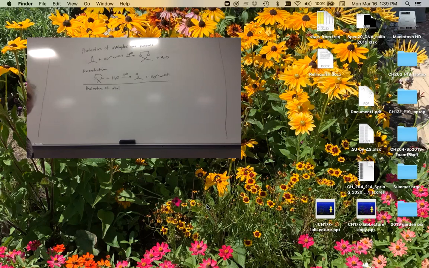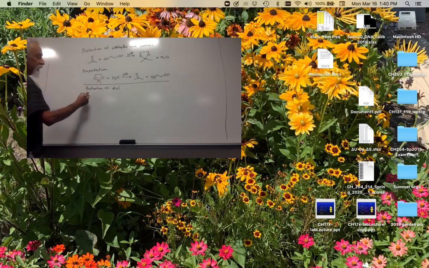Because when we use a Grignard reagent, no OH, NH, or SH anywhere. So if the molecule has this diol functionality and we want to run a Grignard reaction operating on some other part of the molecule, we have to protect the diol, because when we use a Grignard, no OH, NH, or SH anywhere.